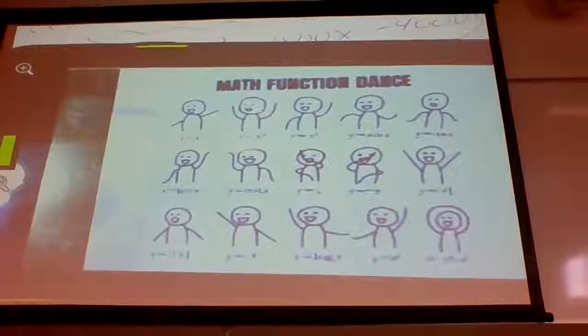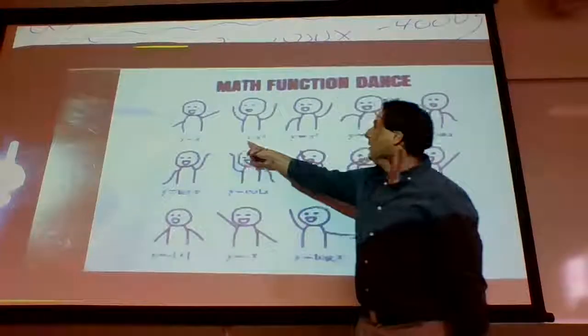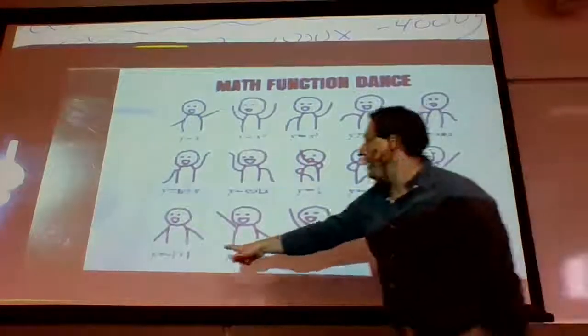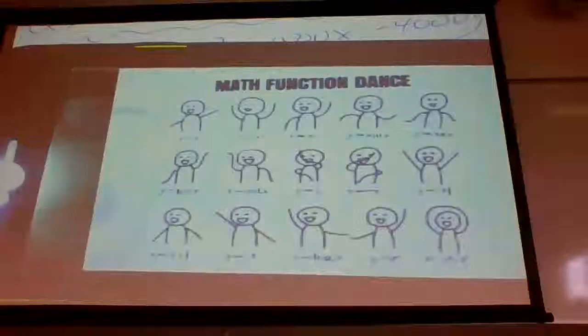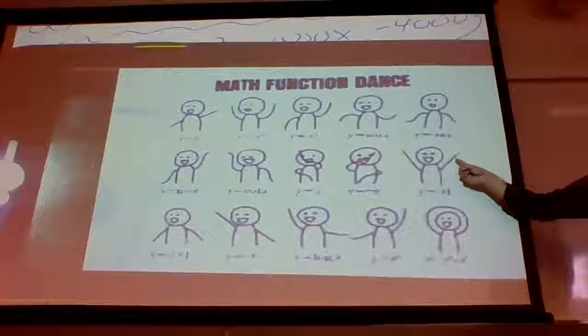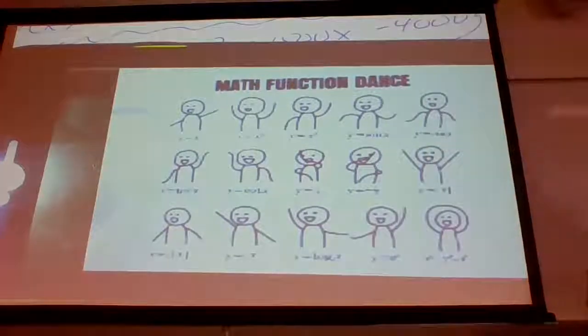So the ones that we went over, if it's a plain old x, x squared, cube, absolute value, okay? Those are the basic shapes. Absolute value positive, absolute value negative, negative x, and some other shapes in it, okay?